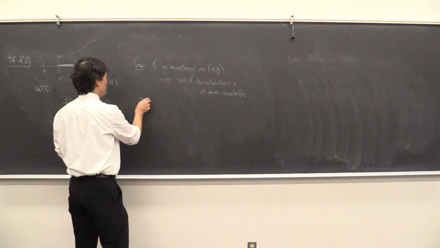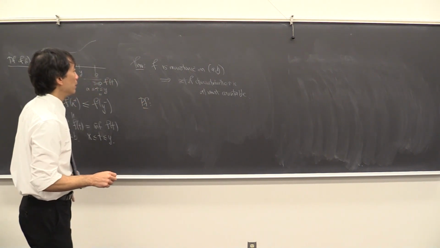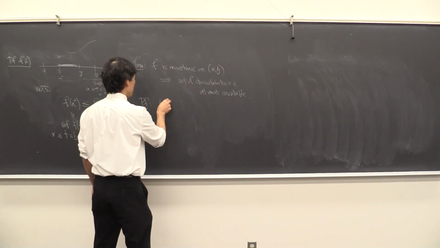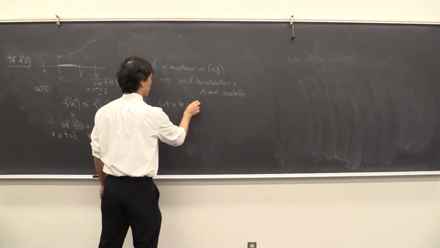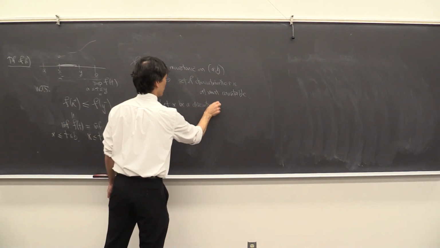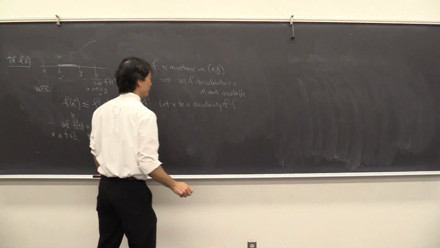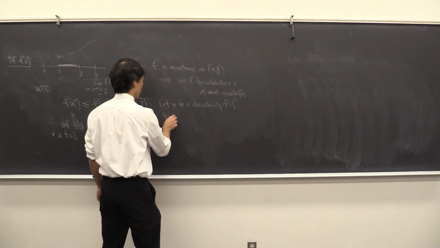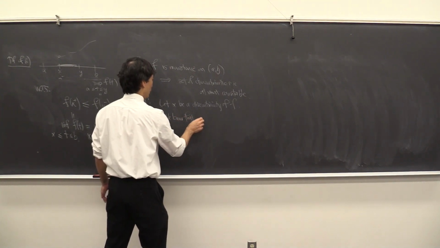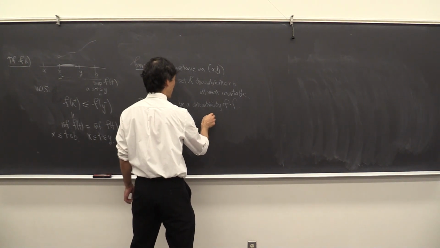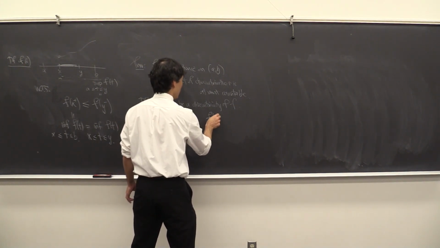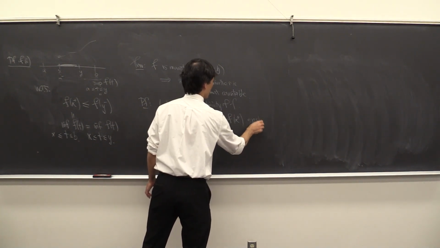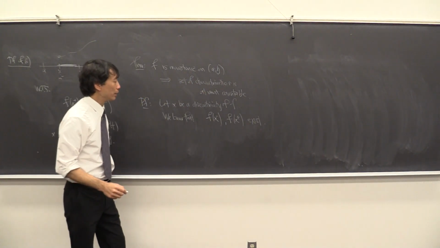Okay, so here's the proof. You say, well, let x be a discontinuity of f. By what we just said, we know that the limit from the left and the limit from the right exist, because it's monotonic.